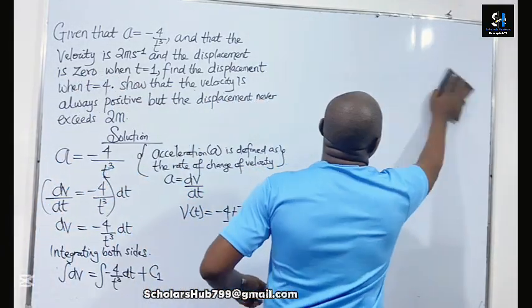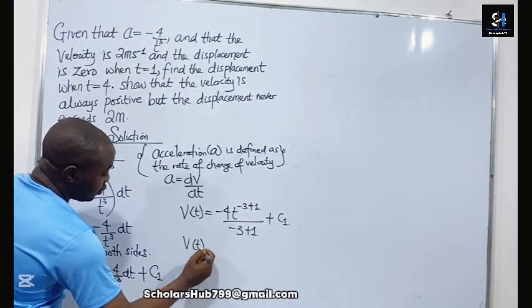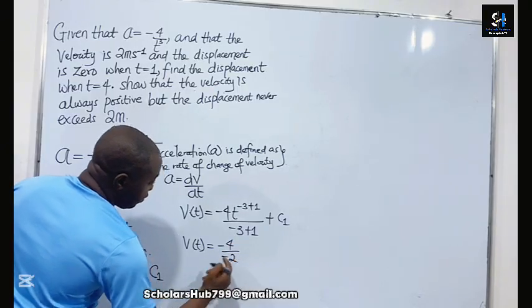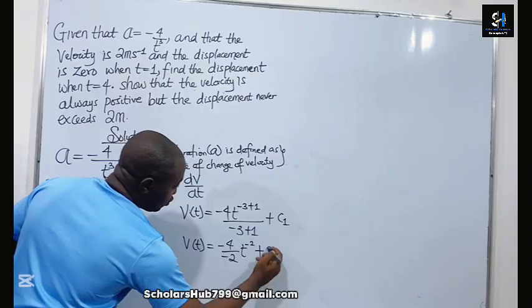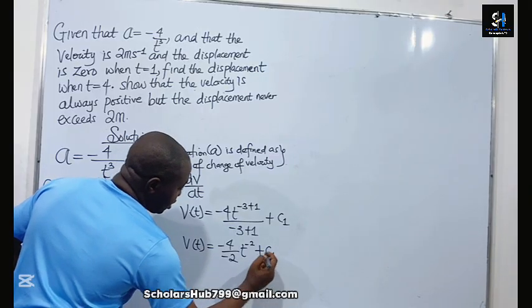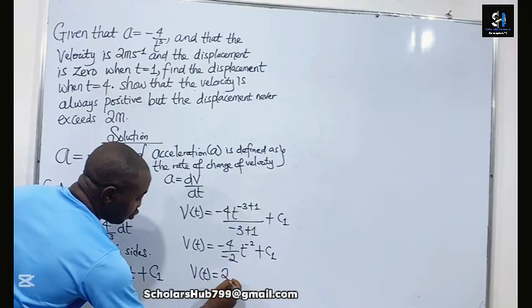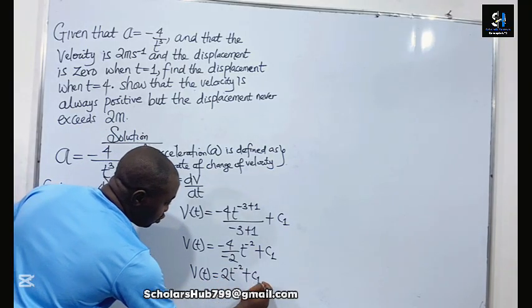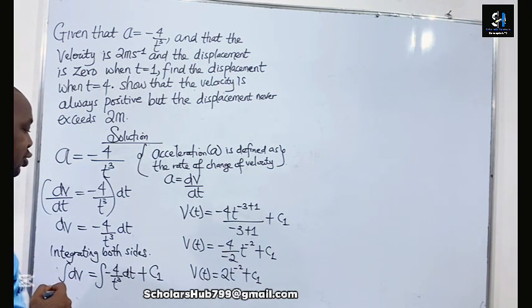Okay, now from here we have our velocity function. This is minus 2, so we have negative 4 over minus 2, minus 3 plus 1, this will be negative 2, then plus the constant of integration, so that the velocity function will be 2 t raised to the power of minus 2, then plus c1, which is a constant of integration.